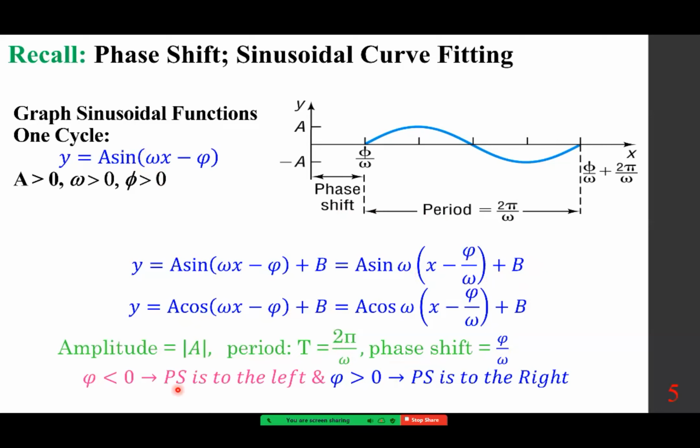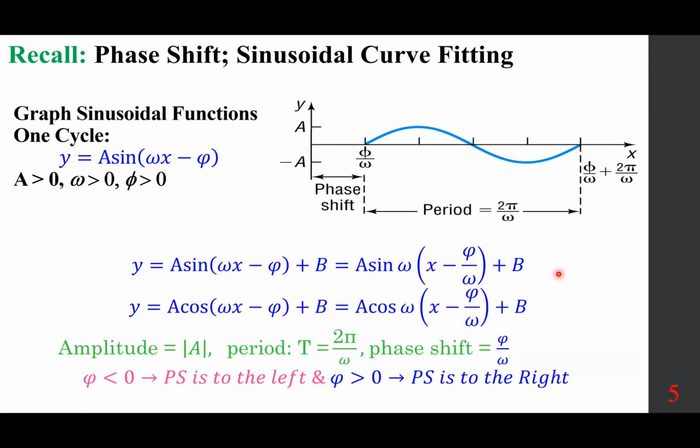When phi is less than 0, phase shift is to the left, and if phi is positive, phase shift is to the right. And I think I mentioned in some text they use a sine b x minus c plus d. So it's just a matter of preference for the variables, that's all.